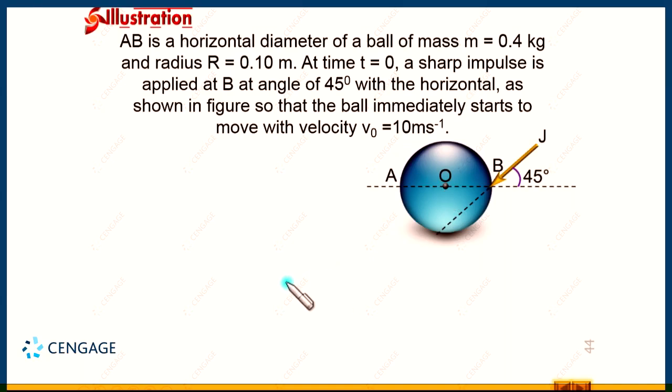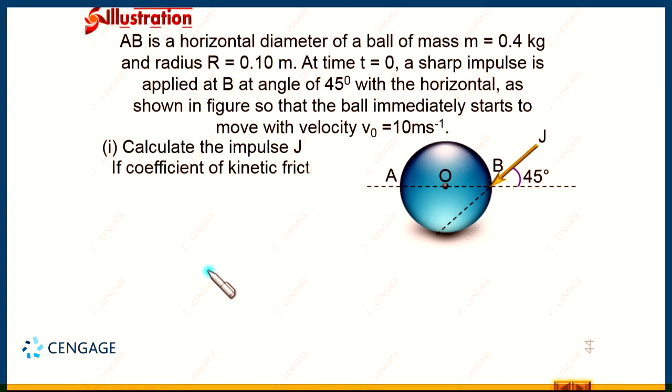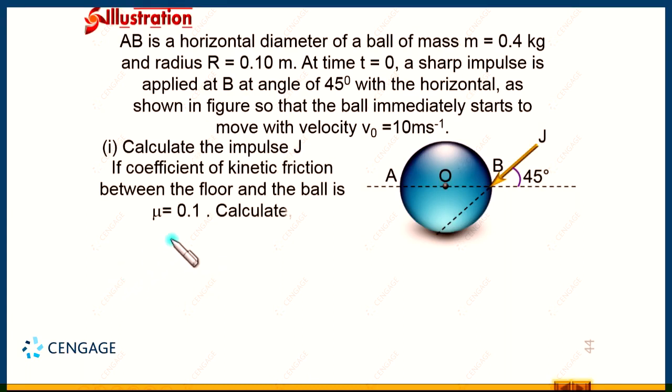The first point, we need to calculate the value of the impulse J, and it is given the coefficient of kinetic friction between the floor and ball is 0.1.